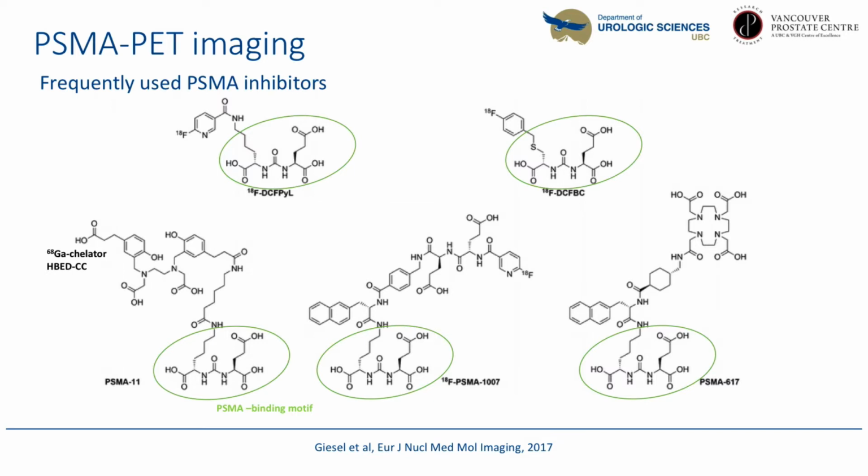On the top you have the ones from Johns Hopkins, and the left one is the first generation tracer, which also had quite a high blood pool activity. So they started to develop a new one, and on the right-hand side you have the second generation, which is the leading candidate for them at the moment. It's actually the one that's in use here at the BC Cancer Agency.